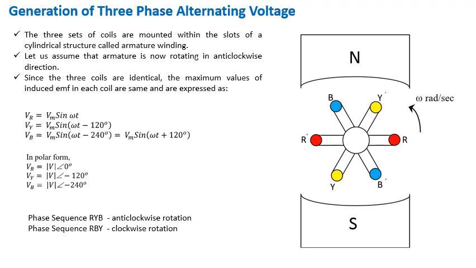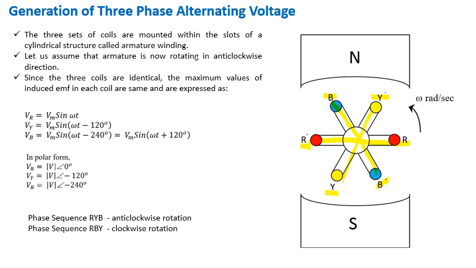These three sets of coils are represented by R, Y and B, where R is representing the starting end of the coil and R dash is representing the finishing end of the coil. Y is the starting end, whereas Y dash is the finishing end of coil Y. B is the starting end and B dash is the finishing end of coil B. All these coils are electrically 120 degrees apart.